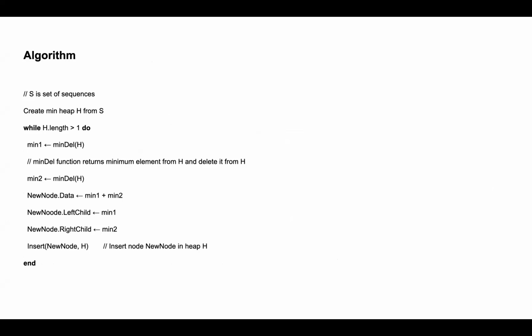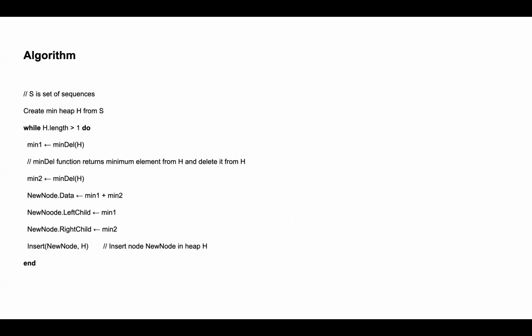What the algorithm is, see here. S is the set of sequences. Create a min heap H from S. H is a heap. While H dot length is greater than 1, that is, the length of that heap is greater than 1, what will it do in that case?